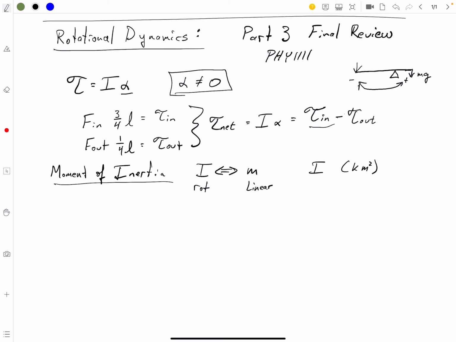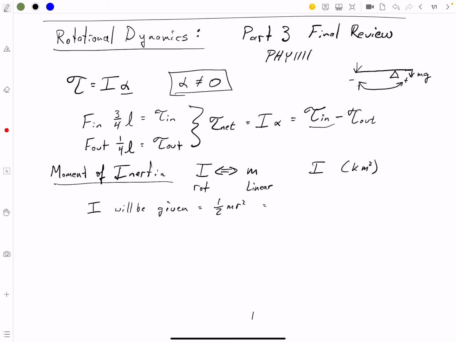And on the final, I'm not going to make you go through and figure out what I is or have to come up with what I is. So the moment of inertia will be given. All right. So it'll be given either as an equation like 1/2 mr squared or 1/2 ml squared or something like that.